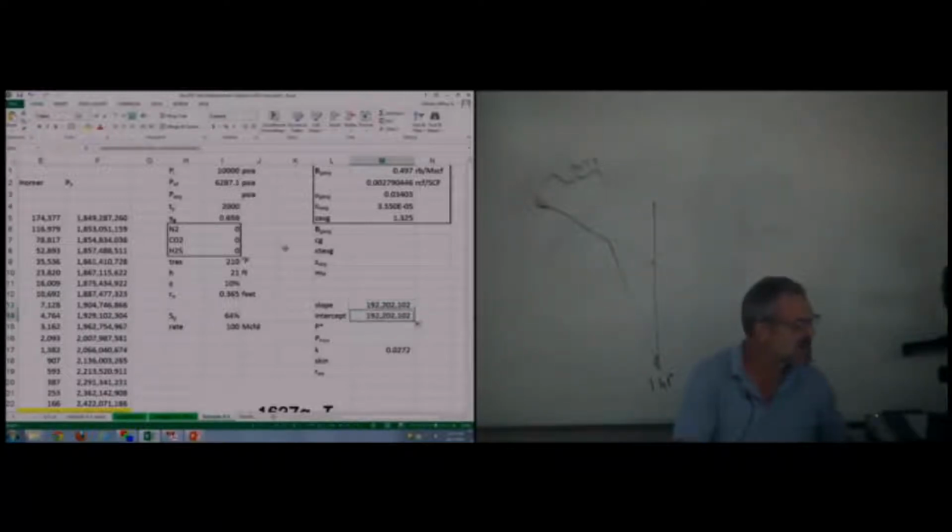Before we even calculate a scan, I want to put my interpretation line on my graph.